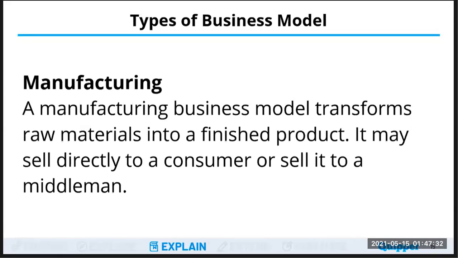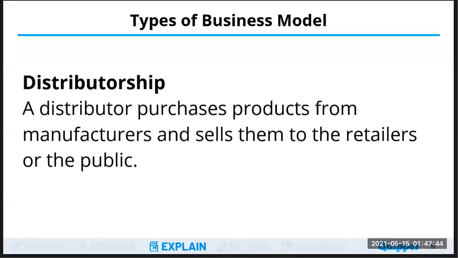So, may mga supplier muna sila ng raw materials, no? And then, i-transform nila ito into finished good. Next is the distributorship. Distributor purchases products from manufacturers and sells them to the retailers or the public.